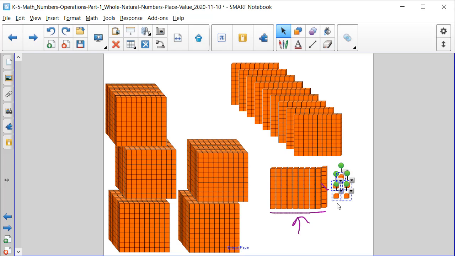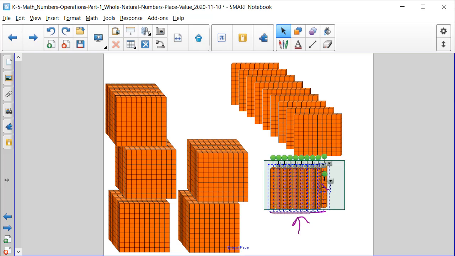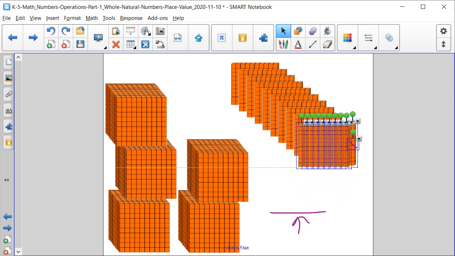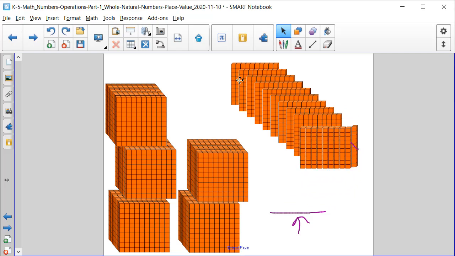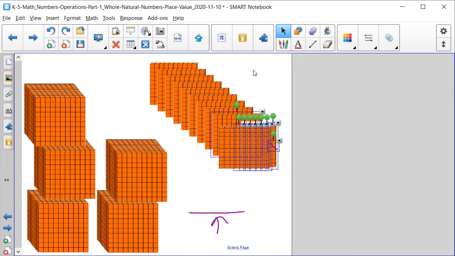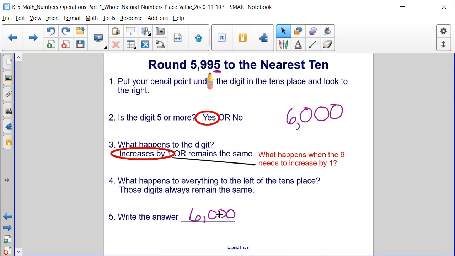And then these extra 5 go away. So then this extra set of 100 gets grouped with this set up here. So what used to be 9 hundreds now becomes 10 sets of 100. So then this extra set of 100, if I was to group these closer together, they give you an extra 1,000 blocks. So that's how we end up getting 6,000 as our answer there.